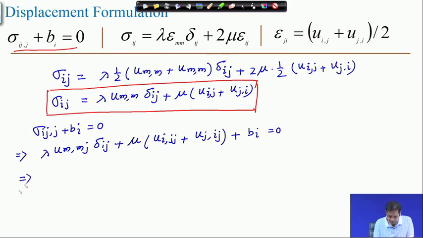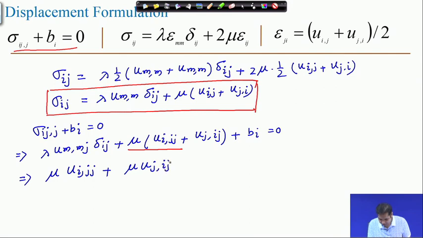Now, let us slightly simplify this. First you take this term, mu into u i comma j j. This becomes mu into u of i, that is j j. Okay. Then plus, this becomes mu into u j comma i j.